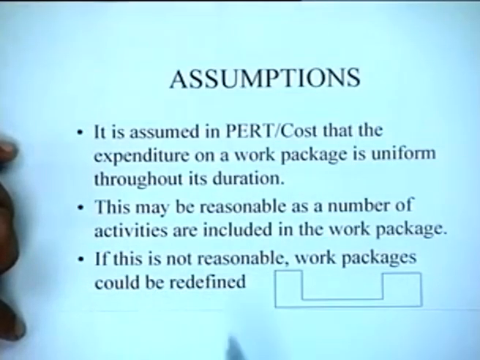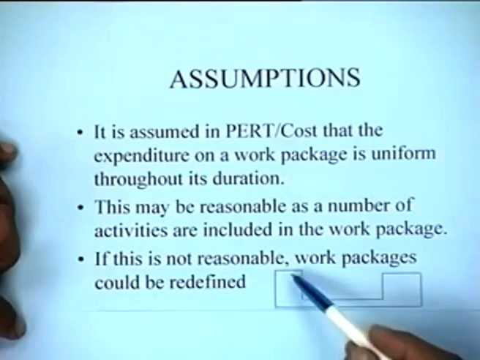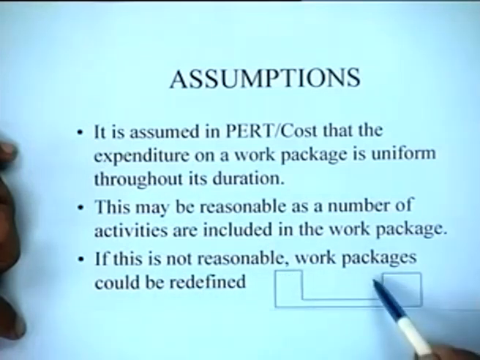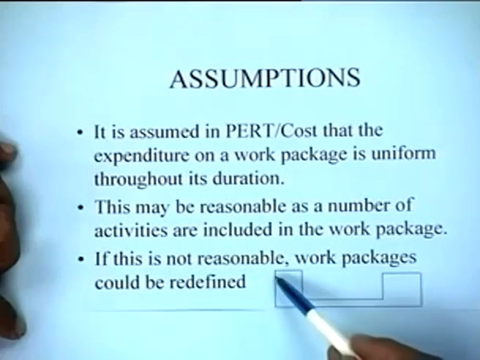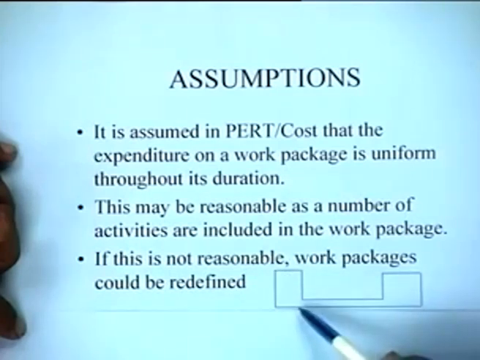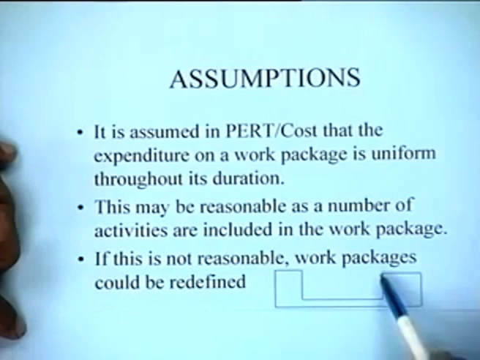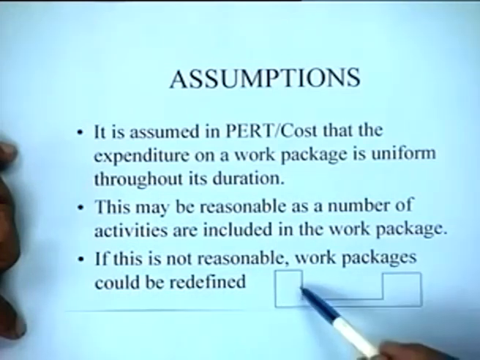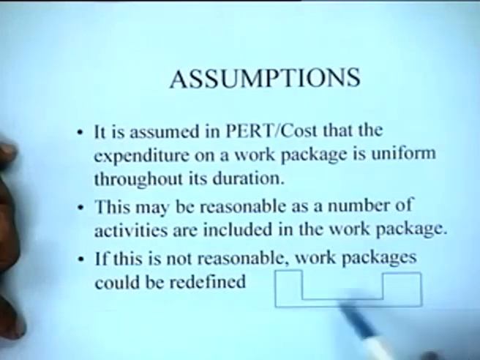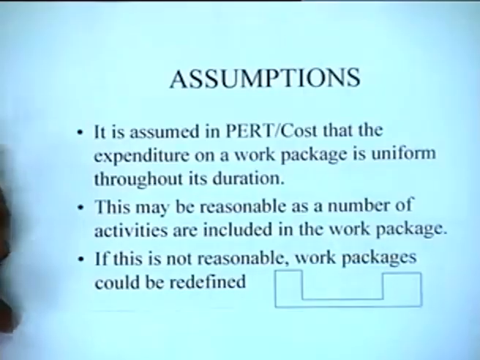However, if this is not reasonable, the work packages could be redefined. How could they be redefined? You see, typically depending upon the pattern of expenditure, you might have a higher expenditure in the beginning, low expenditure here, and then higher expenditure towards the end of the activity, as the case may be. Then you might want to break this entire work package into 3 work packages, something like this.